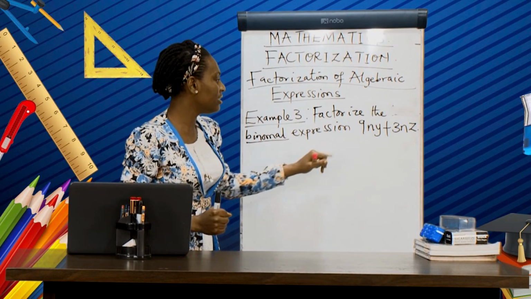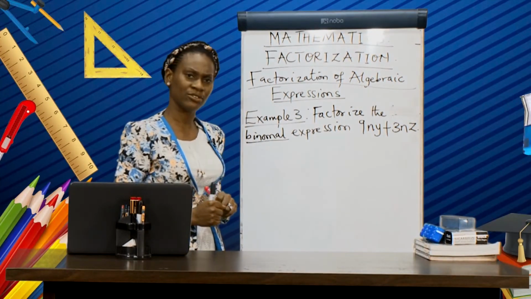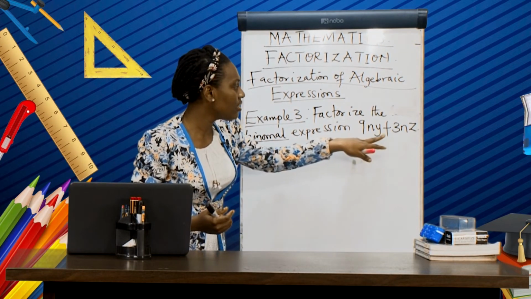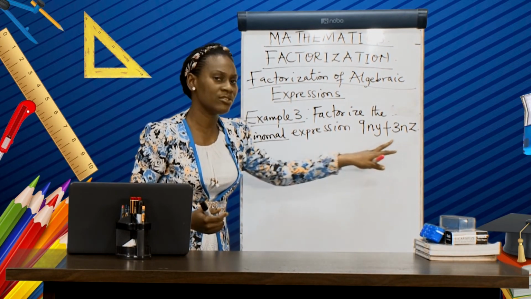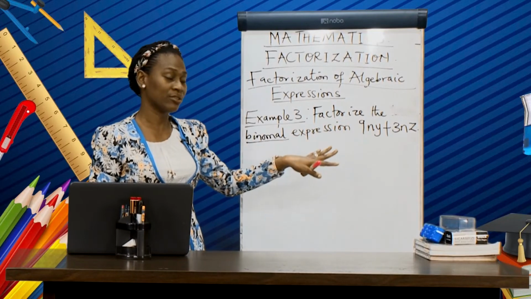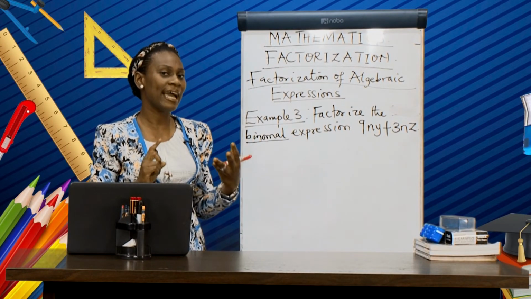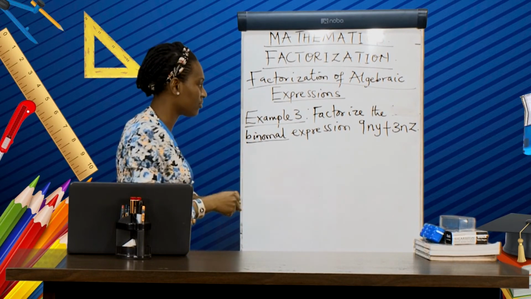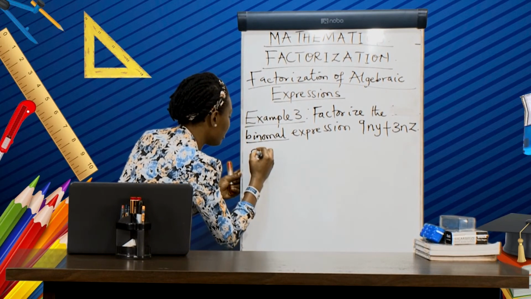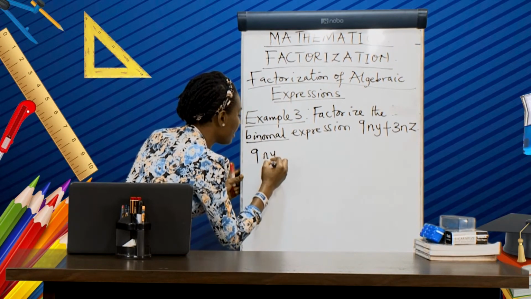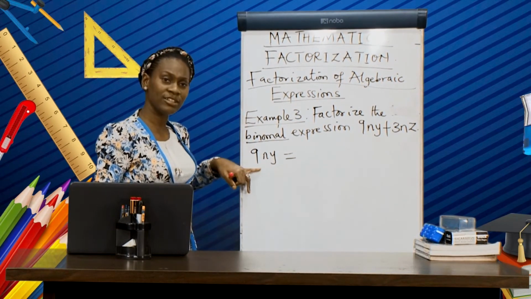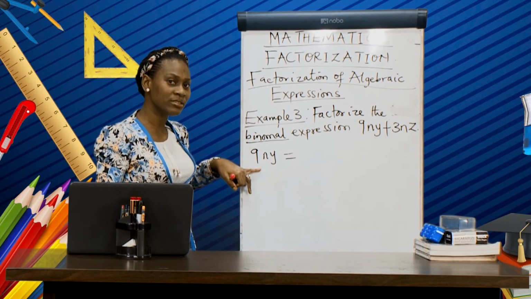This is a binomial expression and we want to factorize it. How do we solve it? Simple and straightforward. The first thing is you need to split out these numbers, break them down into factors, identify the highest common factor, then you bring out the highest common factor. So this is what we are to do. 9ny is equal to, let's break this down. Break down the number part first. 9 is what?